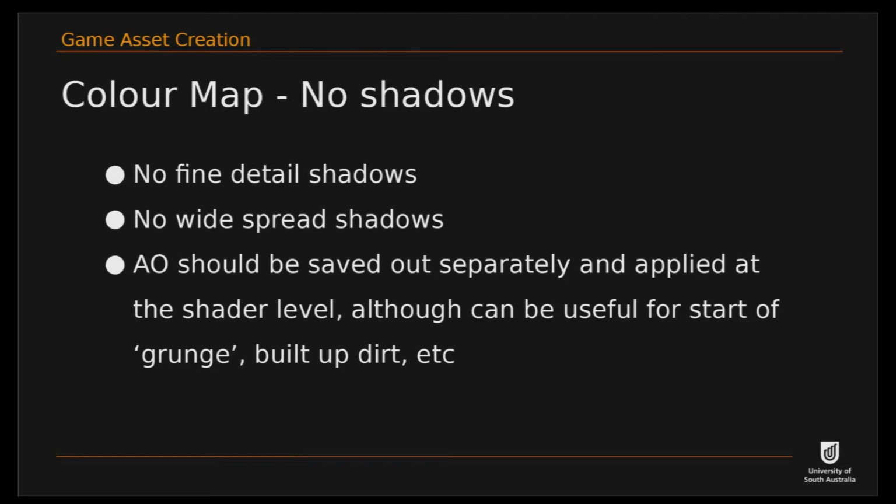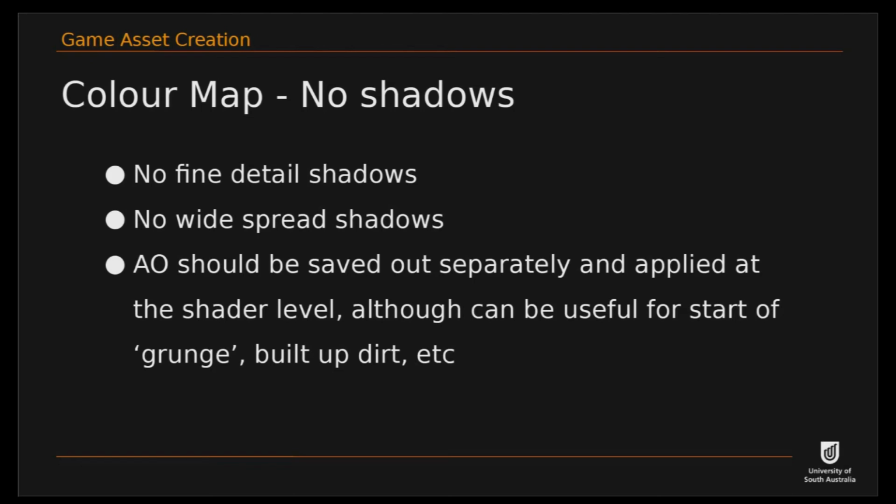So strictly speaking, if you are going to use a realistic lighting engine like Unreal, you don't want ambient occlusion just baked into the texture. The way that used to be common is because lighting wasn't as accurate in games as it is today.